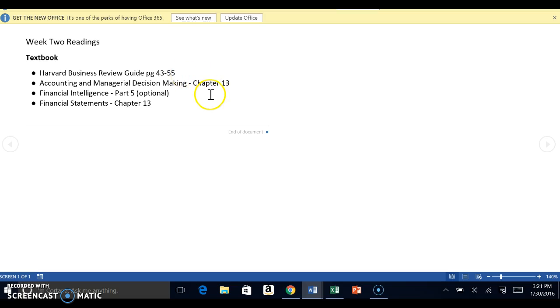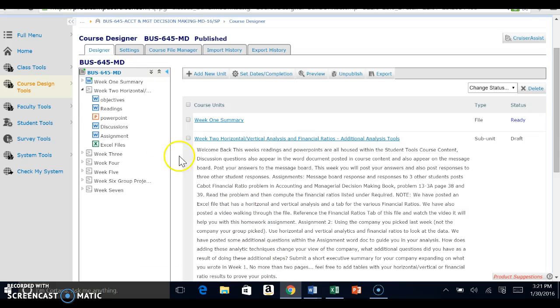The Accounting and Managerial Decision Making, Chapter 13 is a very good summary of horizontal and vertical and the ratios themselves. Part 5 in Financial Intelligence is optional. If you did buy the book, read it. If you feel a little rusty, read that book. It's a good read. And then finally, Financial Statements by Edelson in Chapter 13. So if you look here, those are our readings.